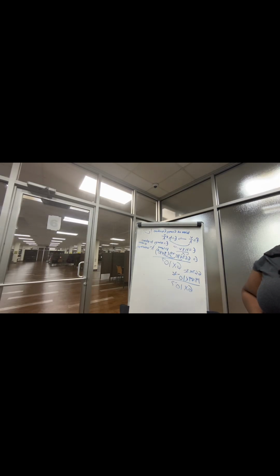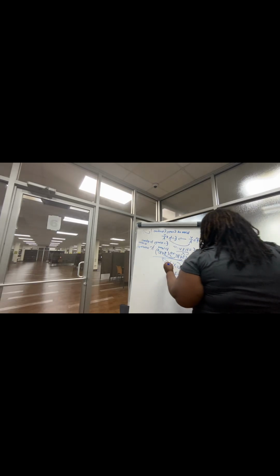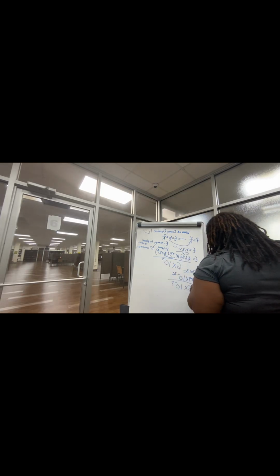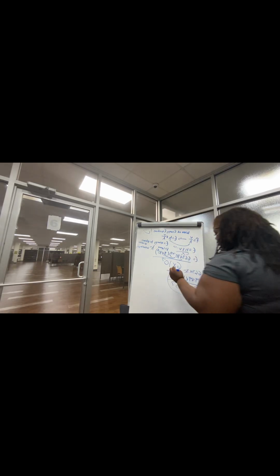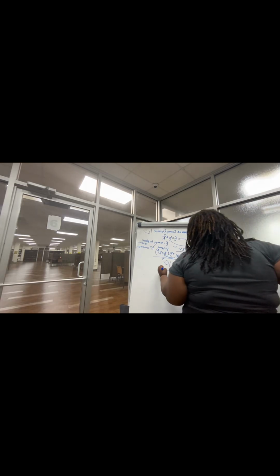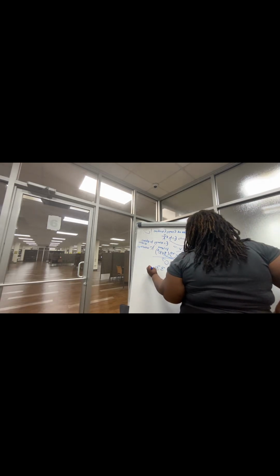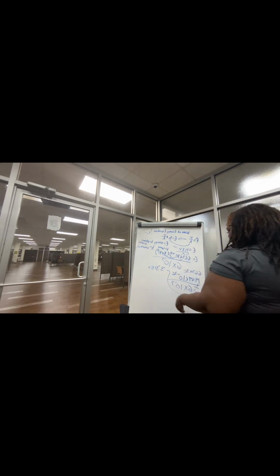First we're gonna do 19.89 divided by 6, and that equals 3.315.